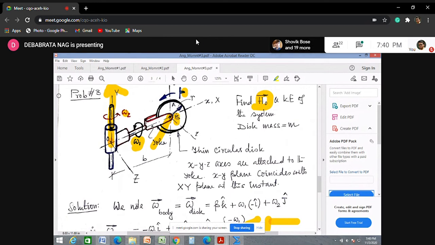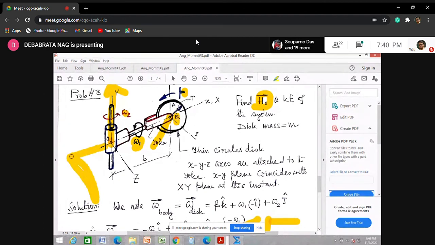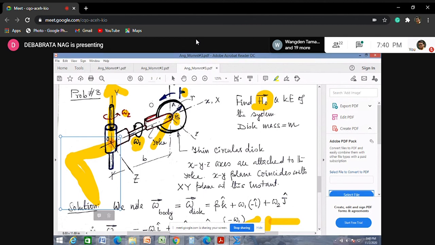But what I would like to say is, suppose some further extension is given, some rod is connected like this, in this manner. A rod goes and comes out like this, and parallel to the z-axis it is coming like this. Now some point is given here, and you are told to find the angular momentum of the entire system with respect to this point. Now of course this point is not a fixed point, right?